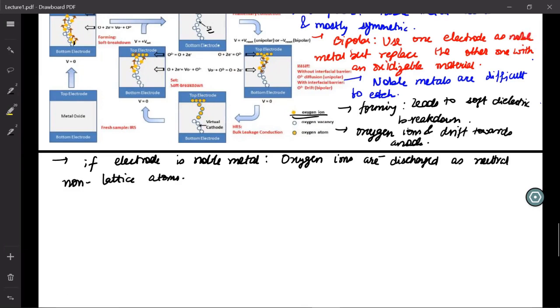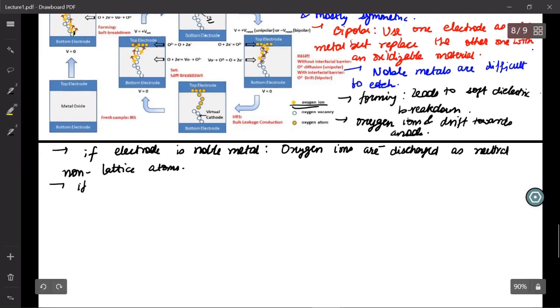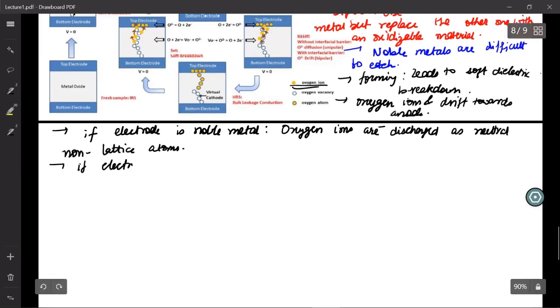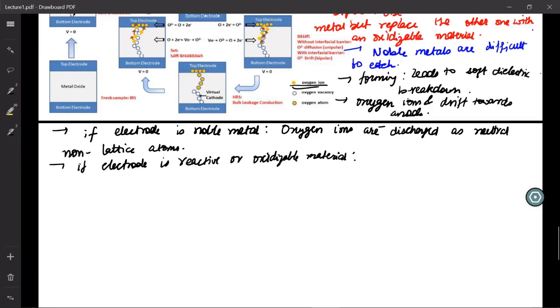However, if your electrode is reactive, or if it's an oxidizable material, it leads to an interfacial oxide layer close to the anode.